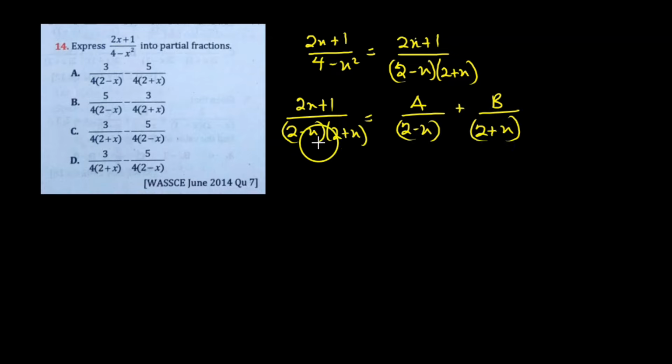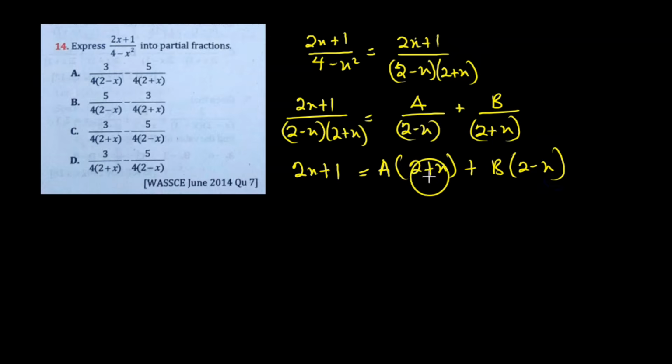So getting rid of the fraction so that you can solve for A and B, we have 2x plus 1 equal to A into brackets (2 plus x) plus B into brackets (2 minus x). I believe you understand how I had it. I had to multiply the LCM through by that, and it will get rid of the 2 minus x, and it will leave 2 plus x. That's why I wrote the 2 plus x. And then when I multiply the LCM by B over that, it will get rid of the 2 plus x, and it will leave 2 minus x. That's why I have it as that.